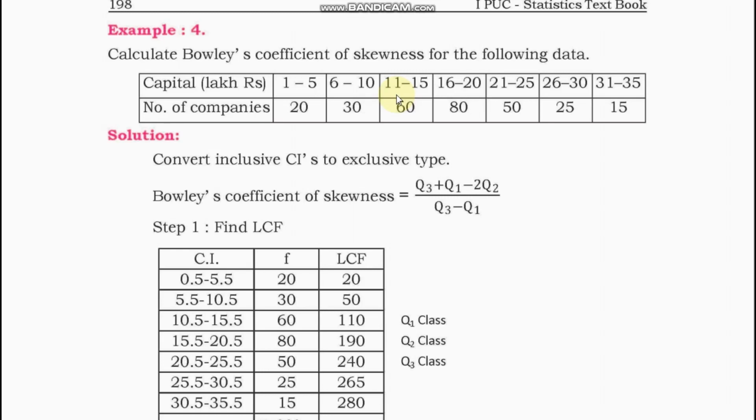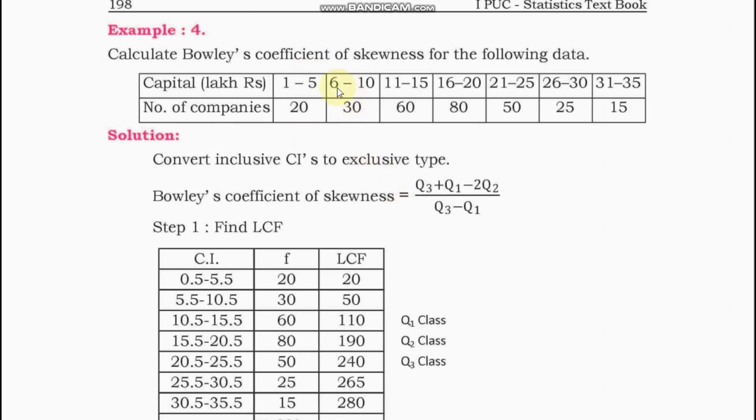Since Bowley's coefficient of skewness is based on quartiles, which are measures of position, and for a positional average we need to convert the inclusive classes into exclusive classes. We can do that by taking the lower limit of the next class minus the upper limit of the previous class, divided by 2.